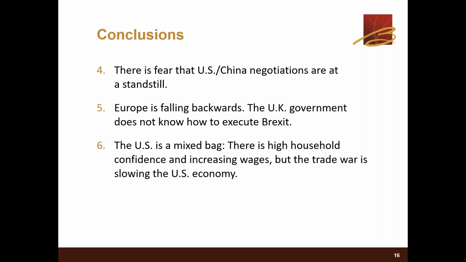The sixth point here is that the U.S. is in a mixed bag. There's high household confidence and increasing wages, but the trade war is slowing the U.S. economy. So not to end on a completely negative note, I just want to add that the U.S. labor force participation is improving.